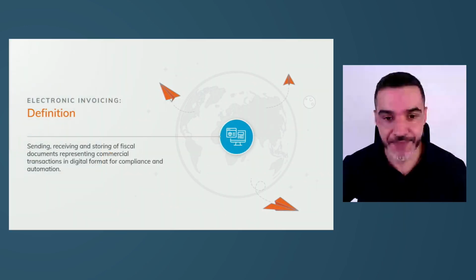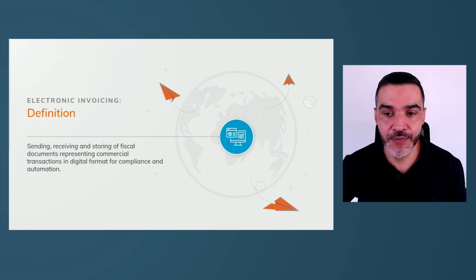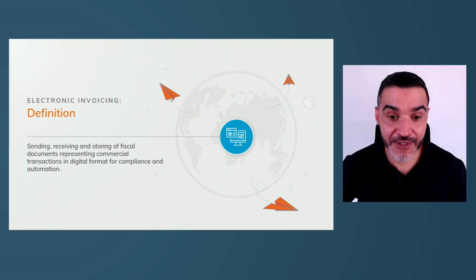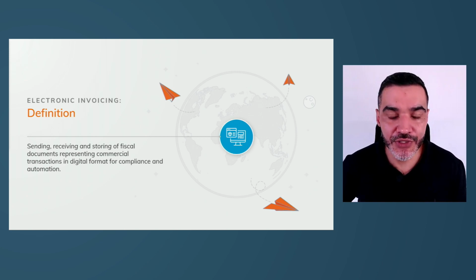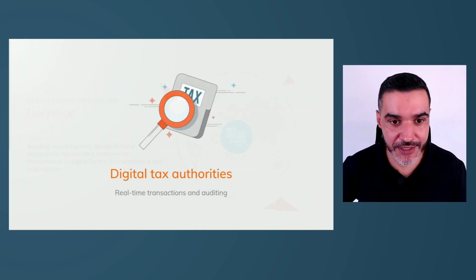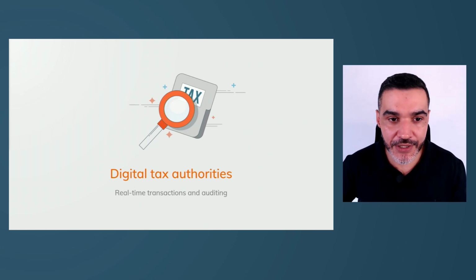So first, the definition. Electronic invoicing is the process of sending, receiving, and storing of physical documents that represent a commercial transaction in a digital format. This document can then be used for compliance or automation purposes according to your use case. Behind that trend, there is a very real scenario in which the tax authorities adopt what we call the digital transformation paradigm.